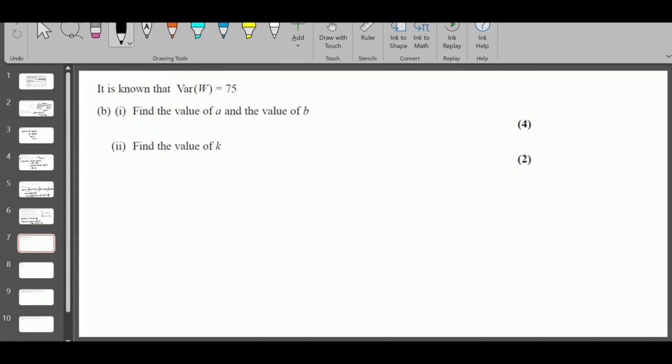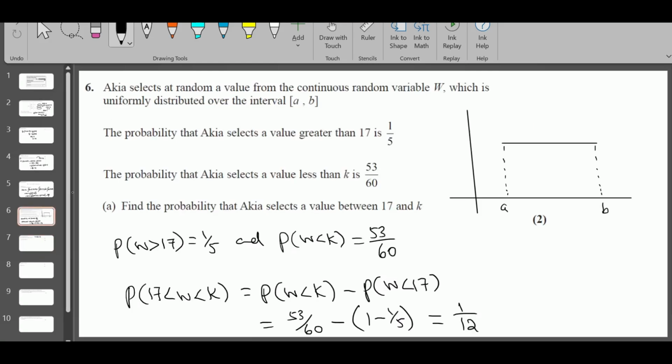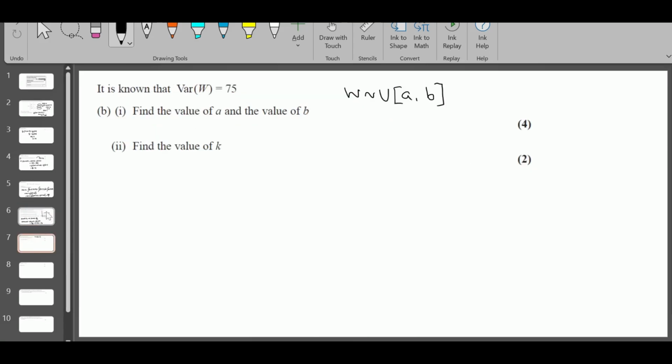Part B, it is known that variance of W is 75. Find the value of a and b and find the value of K. Okay, I'm going to put the figure here again. If W follows uniform distribution of a comma b, that's what is given here, right? There is a formula for E of x and variance of x, which is given in the data booklet also.